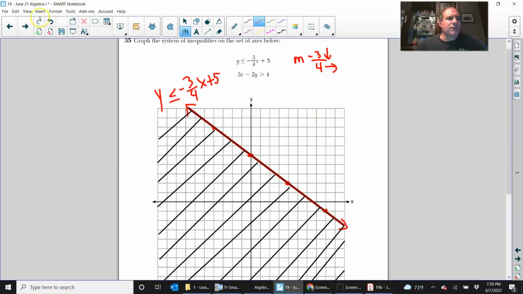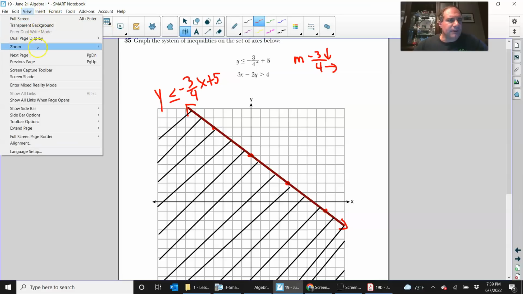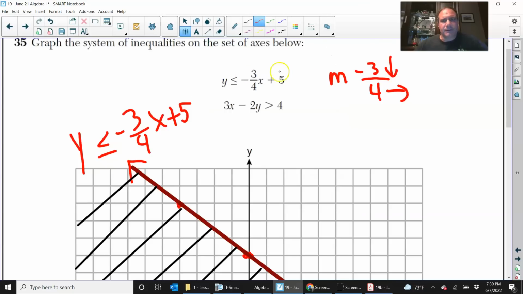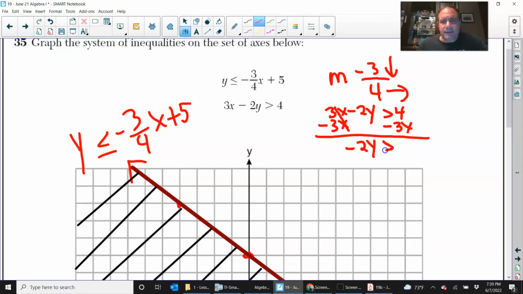Now I have some work to do here. I'm going to zoom in and I'm going to rewrite 3x minus 2y is greater than 4. I have to solve for y. To do anything with this, I have to subtract the 3x on both sides. This cancels. This negative 2y comes down. It is greater than negative 3x plus 4.